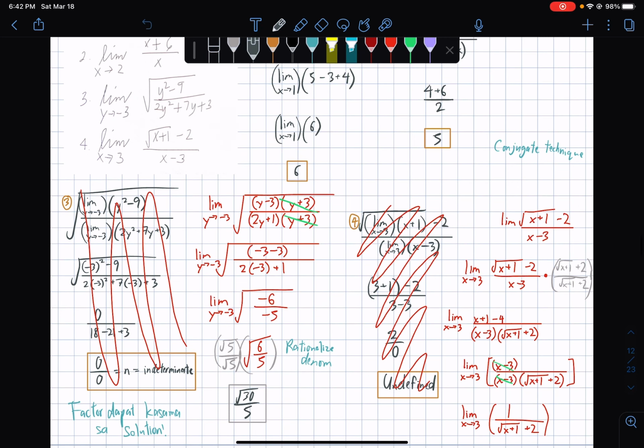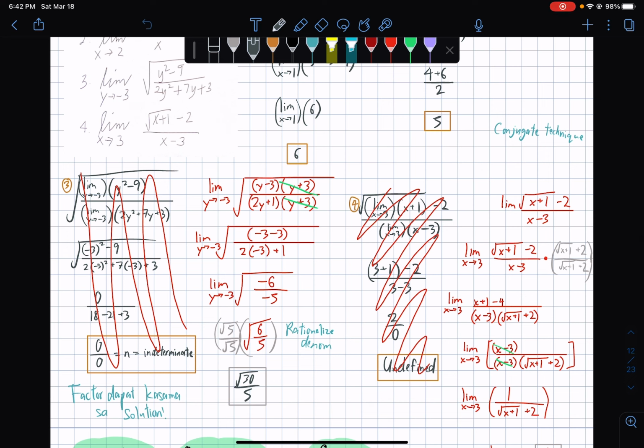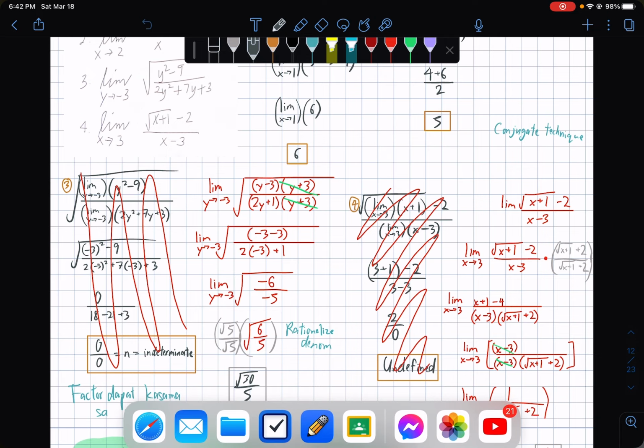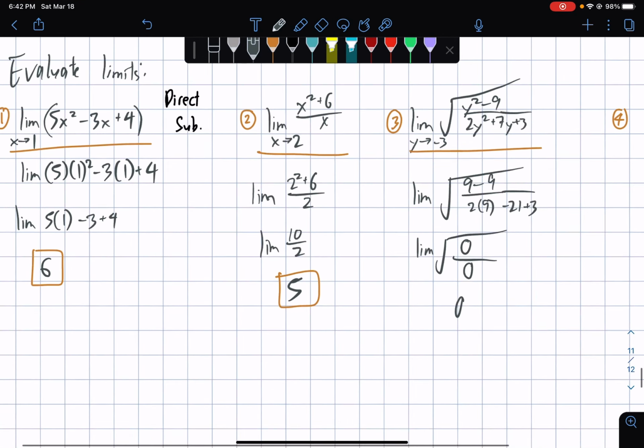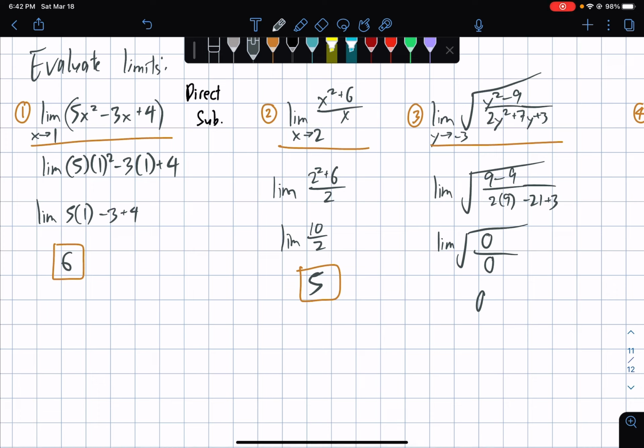We apply conjugate. That's what I kind of forgot to do. Anyways, by the way, for these solutions, there should always be lim and then the x approaches a. Otherwise, the solution could be wrong, even if you get the answer correctly. So, tread carefully.